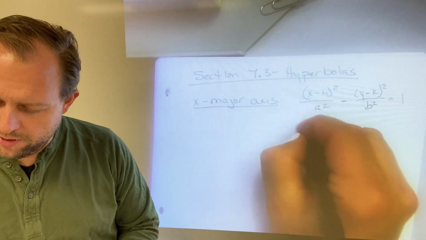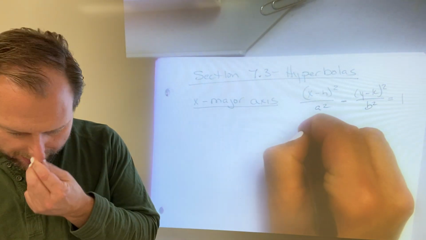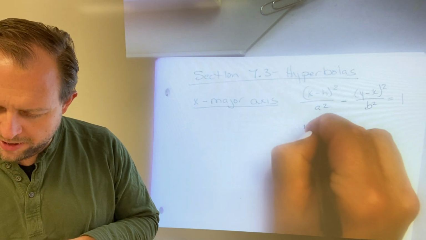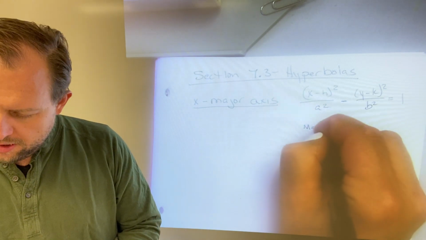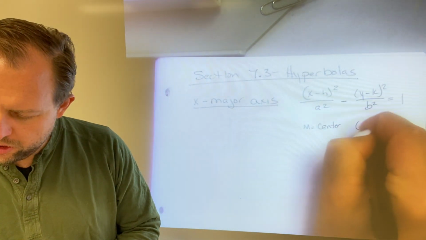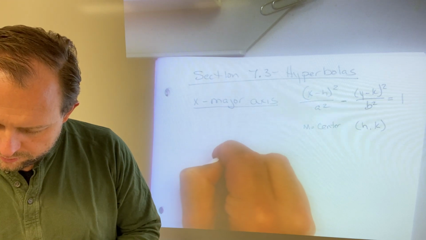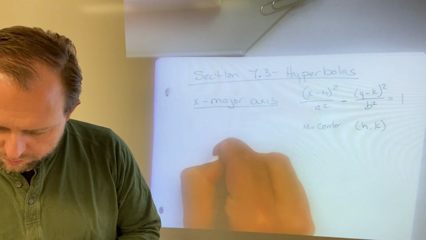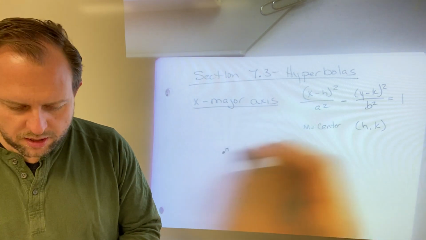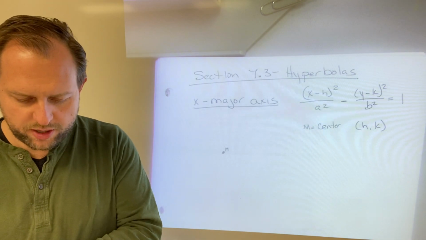So let's look at that. Our center is going to remain unchanged. I'm going to use M again for the middle. Center is going to be at h comma k. And then I'm going to have my vertices.